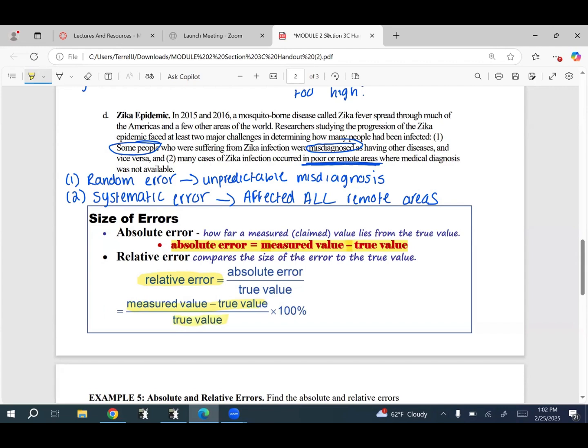And then remember, we always either multiply by 100 or move the decimal point 2 places to the right, because whenever it says relative, you always want that to be a percentage. Okay, so not much different. It's just now we're not talking about a new value and an old value. You're talking about a measured value, what I measured, minus true value. And then relative error, measured minus true divided by true.